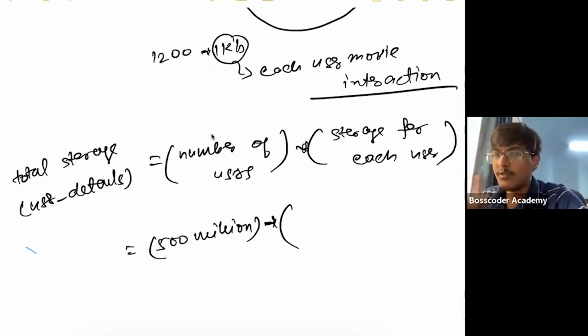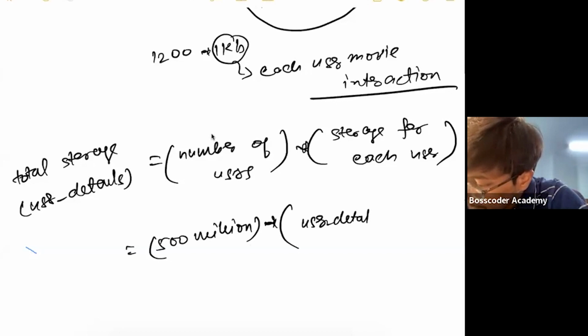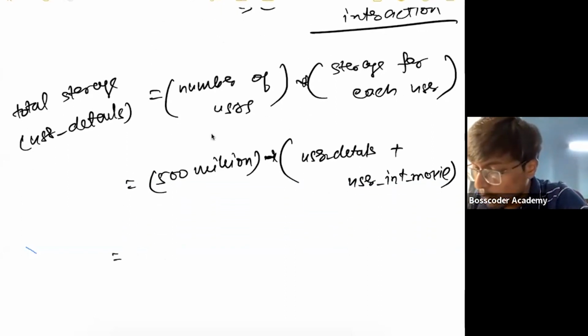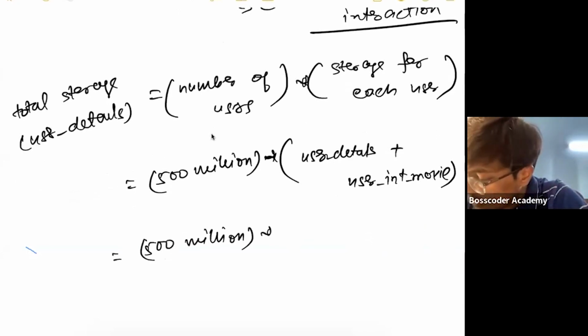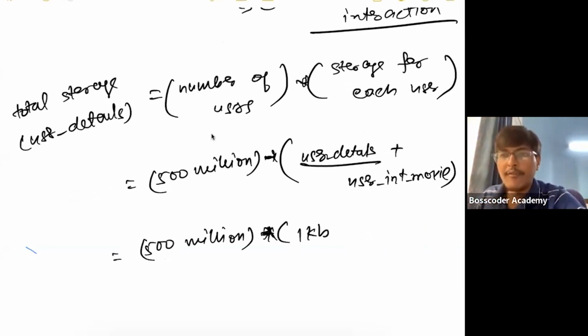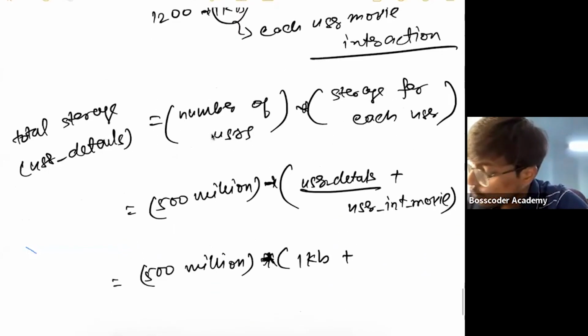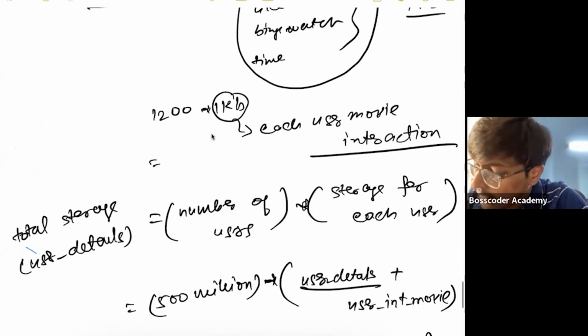Storage for each user is, one, user details, and second, user interaction with movies, right? So 500 million users, and for user details it was 1 KB on an average for a single user, plus it is around 1200 KB. This is 1.2 MB, right? 1200 KB is 1.2 MB.